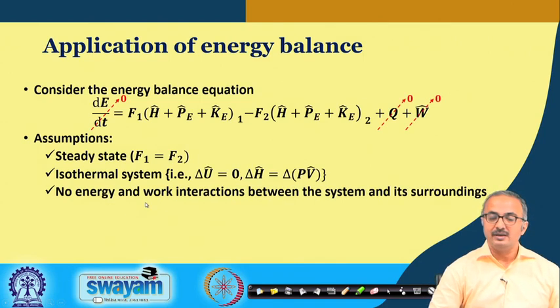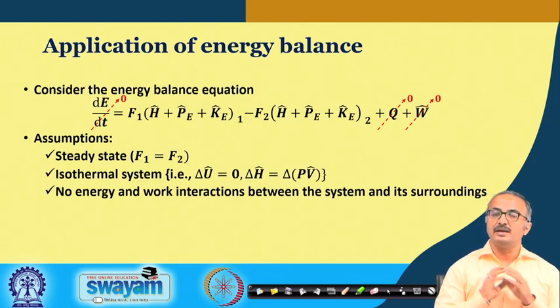Next, we come to another assumption, that there are no energy or work interactions between the system and the surroundings. That is, neither are we giving any work to the system, nor are we trying to take out any work from the system. Okay? So, no pumping, no compressing, etc.